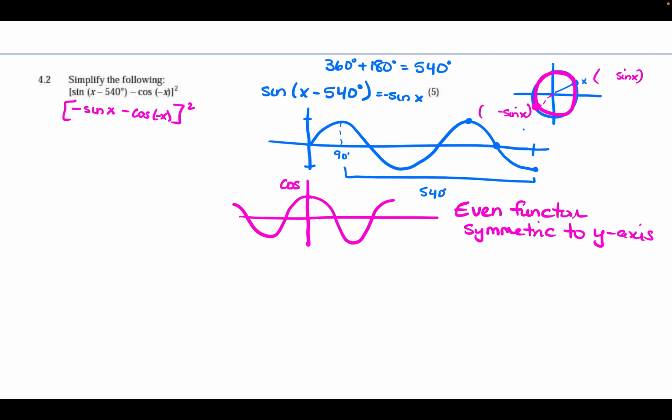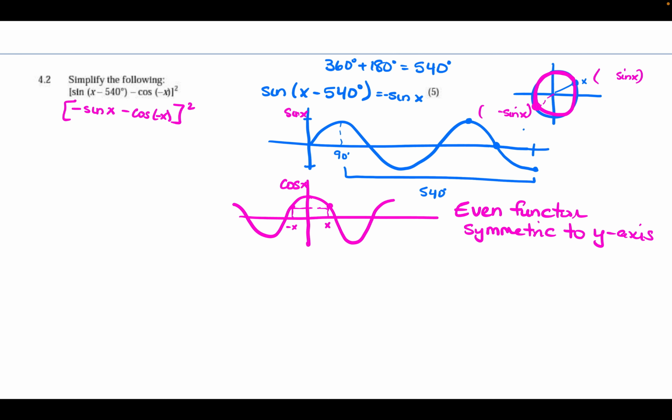This is the cosine graph. Earlier we were looking at the sine graph. We can see that for some angle and its opposite, the cosine's actually equal. The y value is actually equal.